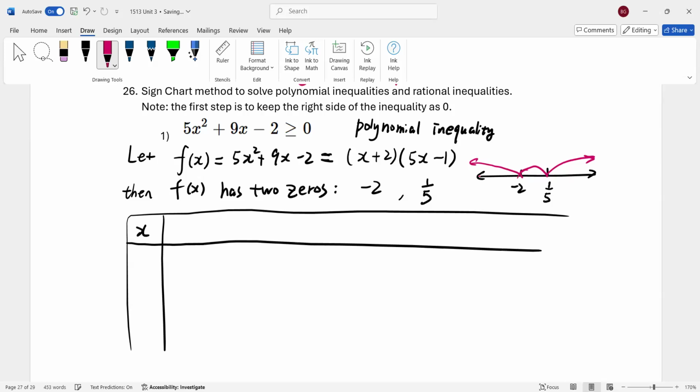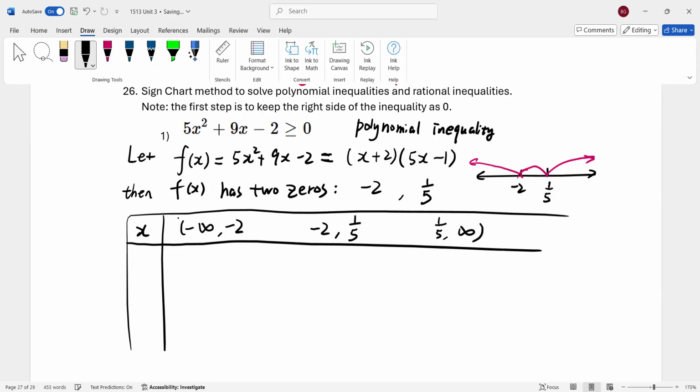How do we get the 3 intervals? We found the two zeros for the polynomial function, and the two zeros separate the domain from -infinity to +infinity into 3 parts, into 3 intervals. So we have -infinity to -2, and then from -2 to 1/5, and from 1/5 to +infinity.